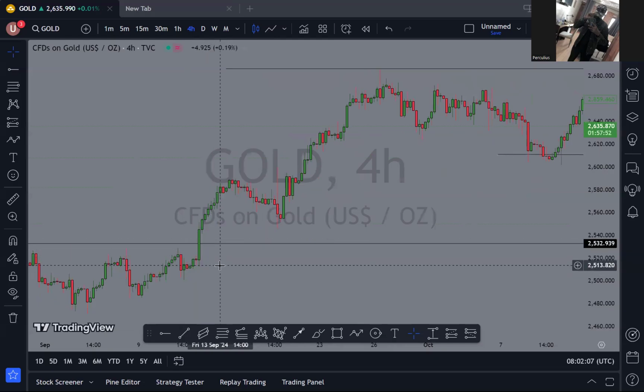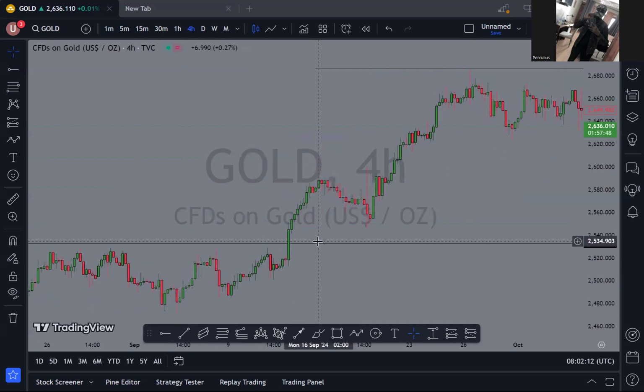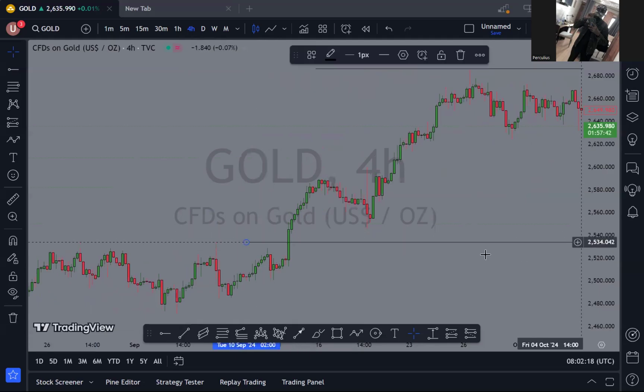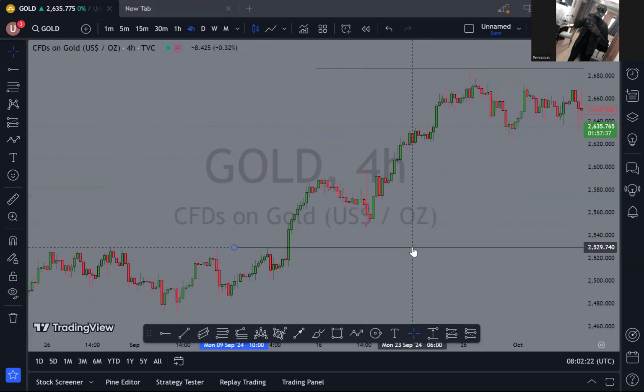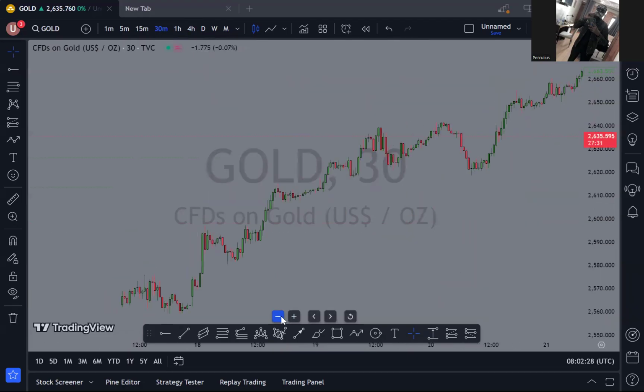This was a very good area for consideration. I'm going to click on this tracker right here. Then from 4 hours, I go to 30 minutes and see what's popping.